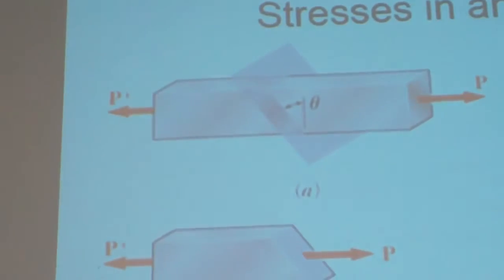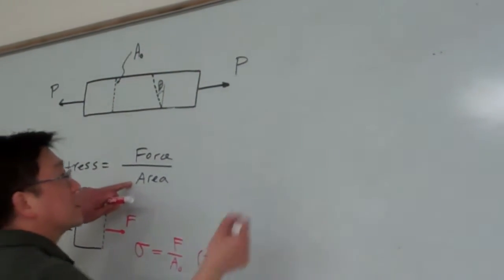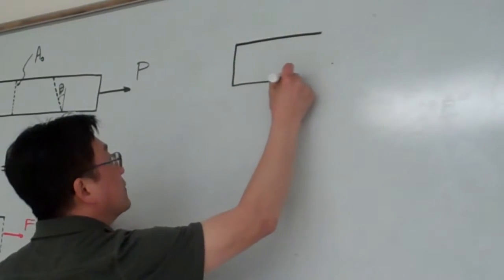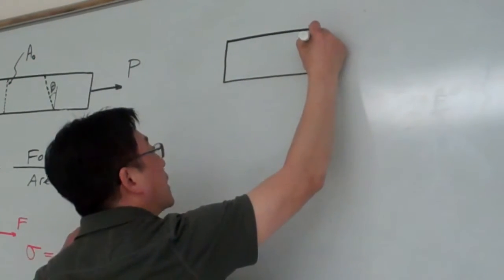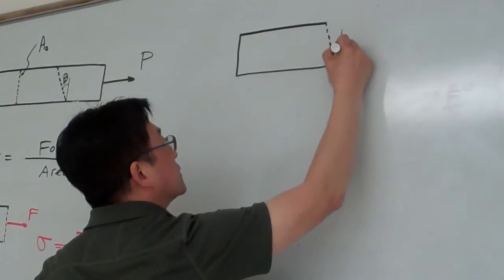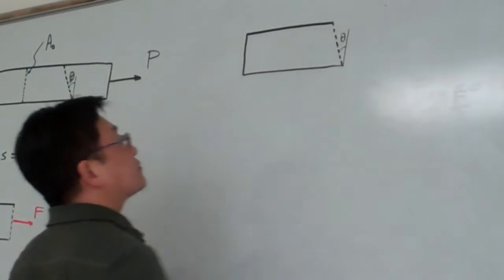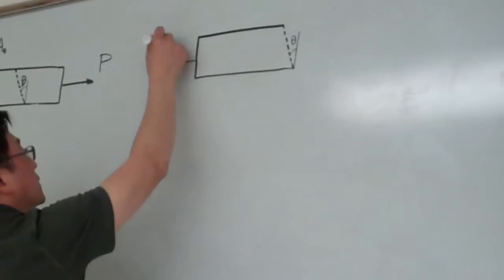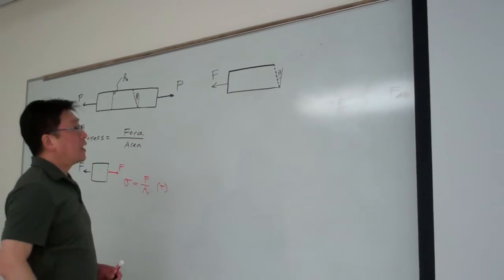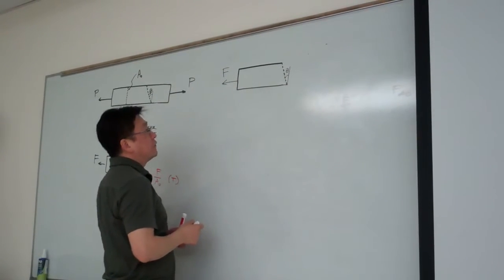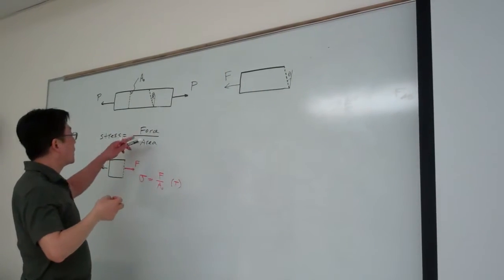Under these situations, again, we want to know what is the force and what is the area. So let me pick the free body diagram, and here is our inclined plane we pick. Remember, this is our theta here. This one is the force, F. Now in this inclined plane, first let us fix the area.